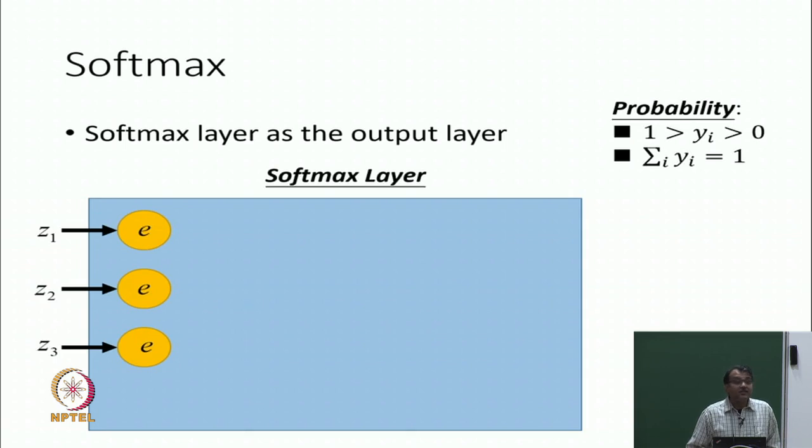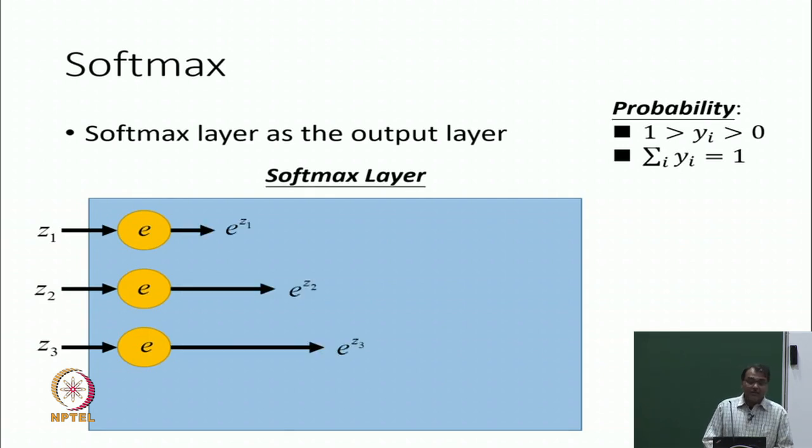And which also says that higher zi means higher output. What function can we use? Exponent. Very simple. So we will just do e to the power z. When we do e to the power z, if z1 was small, we will get a small e to the power z1, z2 was larger, it will get a larger e to the power z2. If it is negative, it will still be positive. If it is positive, it is positive.